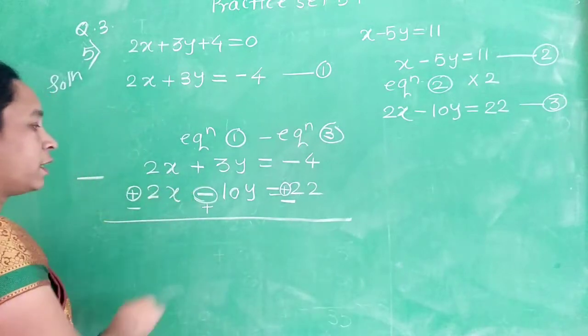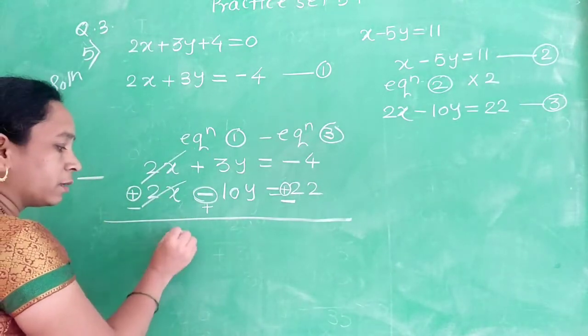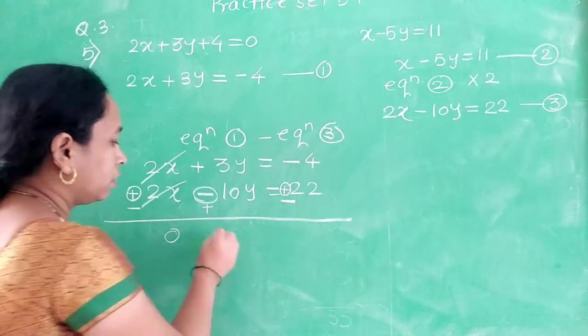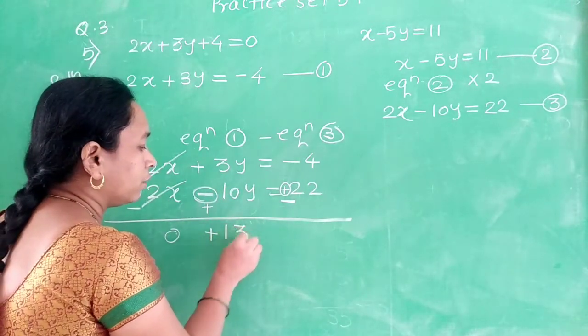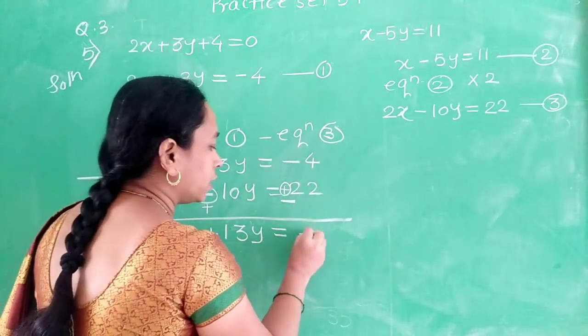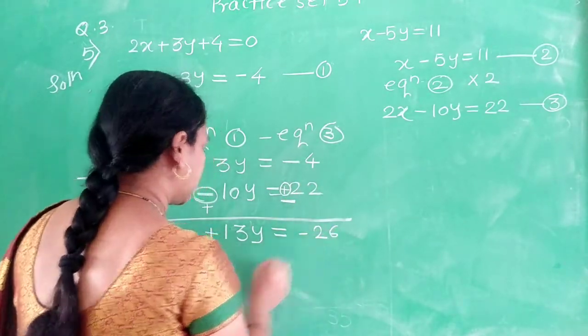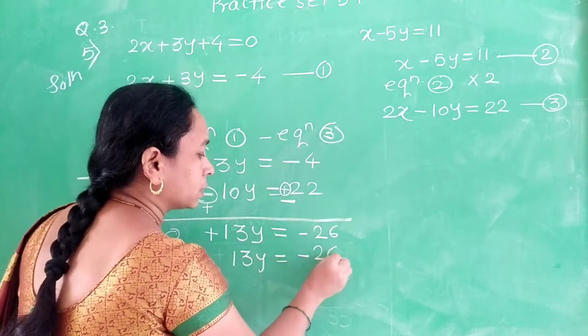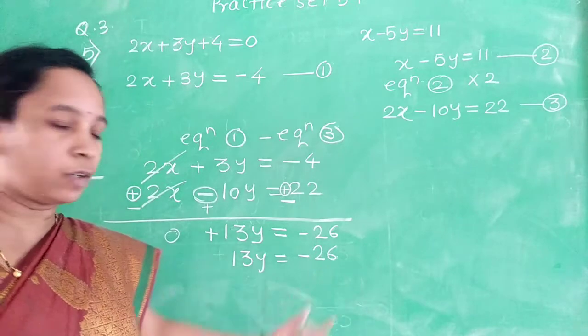Now 2x minus 2x will cancel, it will become 0. Plus 3 plus 10, it would be 13y is equal to minus 4 minus 22, which is minus 26. So 13y is equal to minus 26. Transfer 13 to that side.